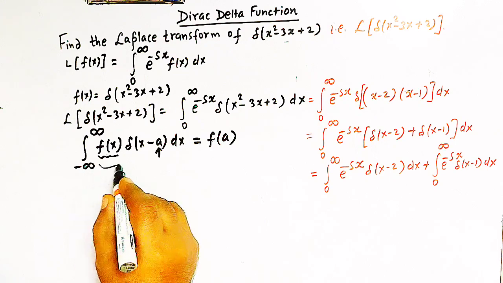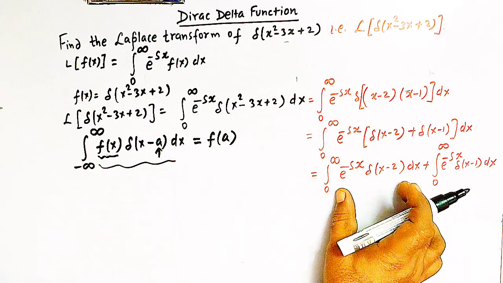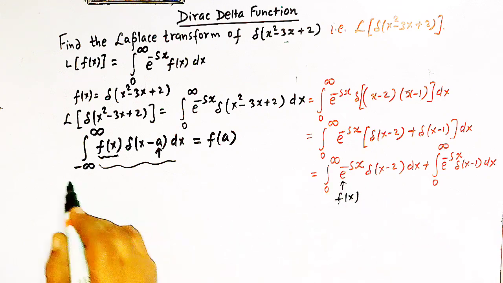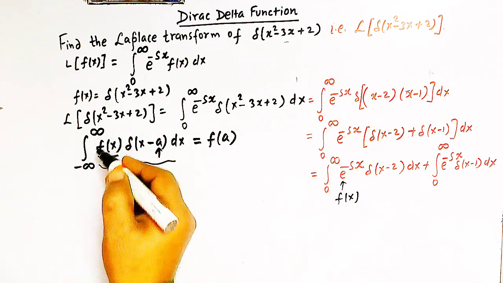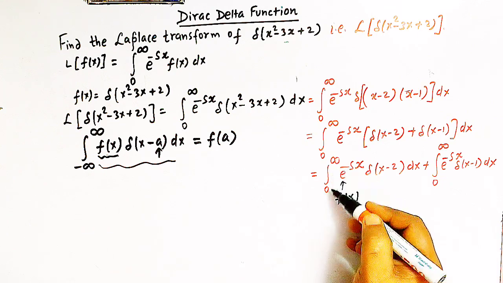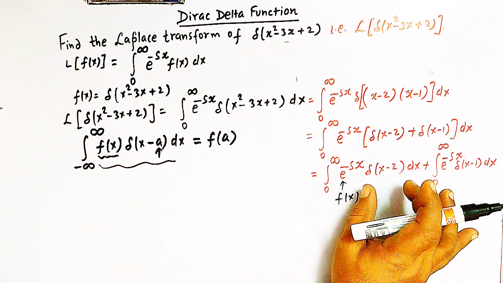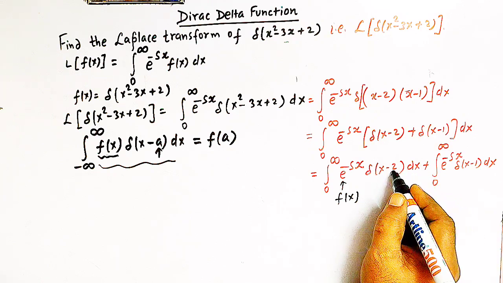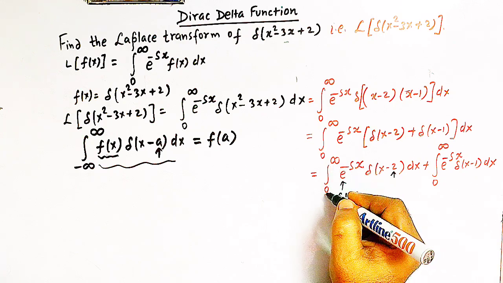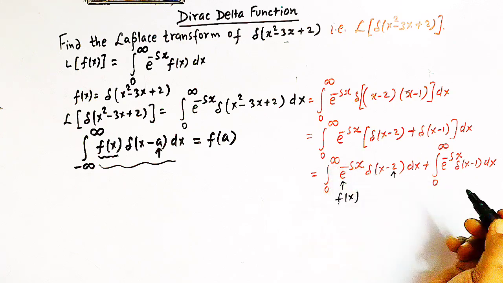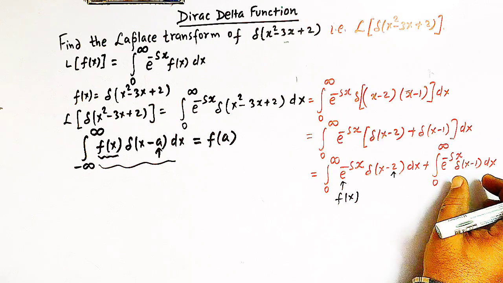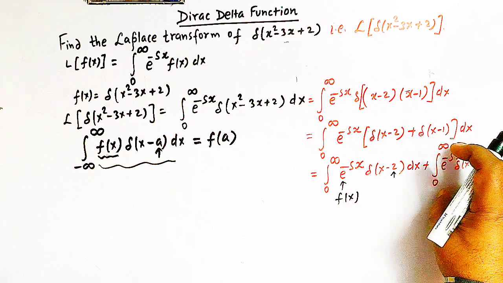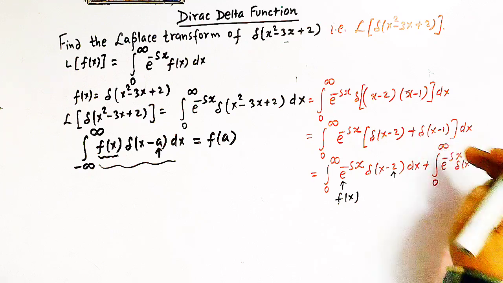So now if we compare this integral with this one, then this is our function f of x, right? And here the limits are from minus infinity to infinity, but here the limits are from 0 to infinity. The only important thing is that this point, that is x is equal to 2, lies in the domain that is 0 to infinity, right? And similar is the case with this integral. So here x is equal to 1 lies within this interval that is 0 to infinity.